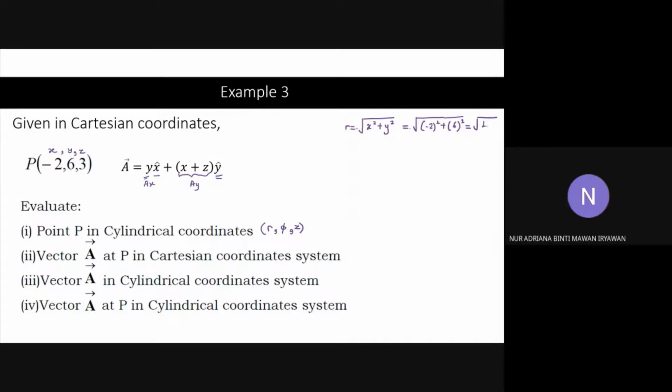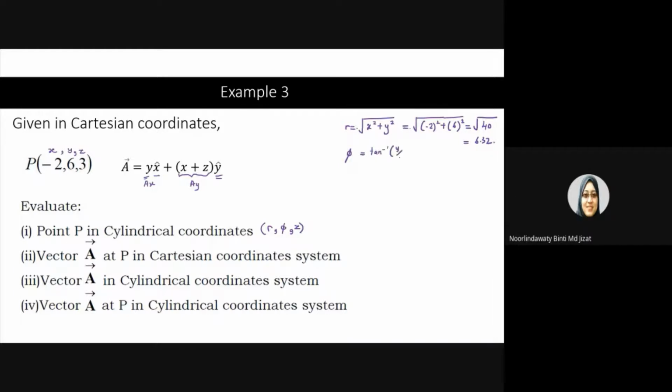40. Or if you want to change it to decimal, what is the value? 6.32. Okay, thank you. So what about phi? What is the formula for phi? Arctan y over x.